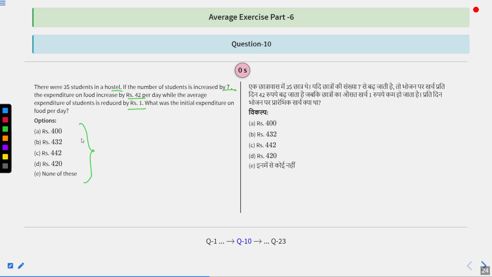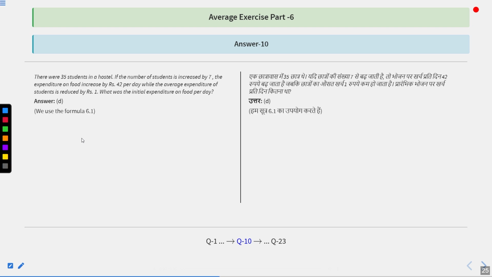Now time's up. Let's see the solution. The question says that there were 35 students in a hostel. So let the initial expenditure per student be X rupees. So total will become 35 students into X rupees per day, so it will become 35X. And it is increased by 42 rupees per day, so we can add it.